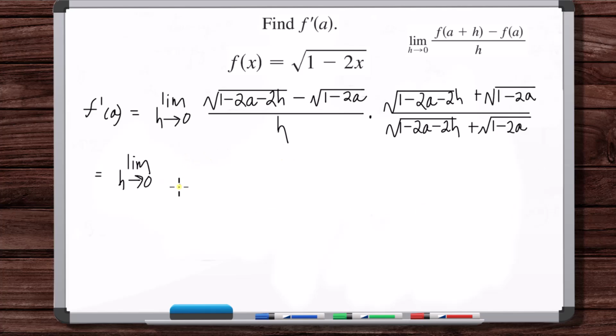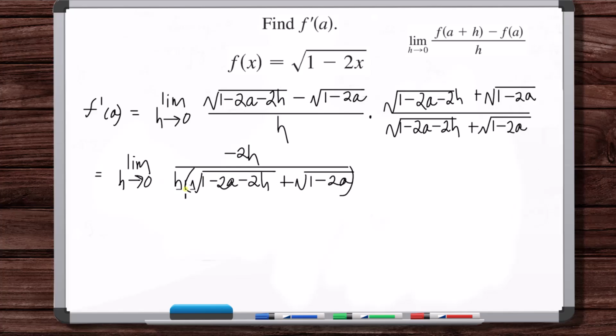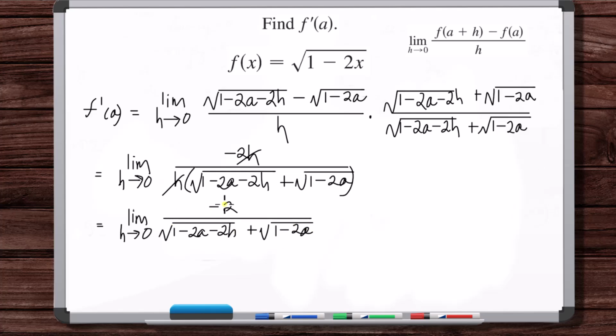And then in the denominator, you've got the sum of the square roots. The h's cancel, and we're left with this.